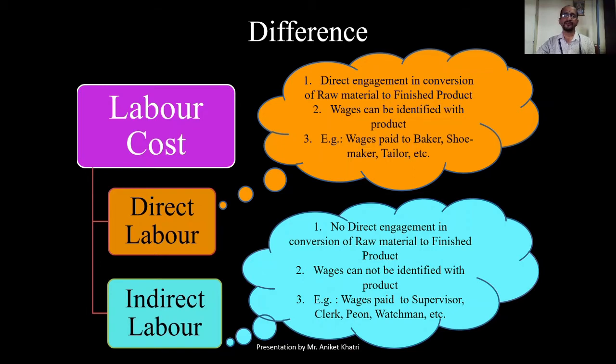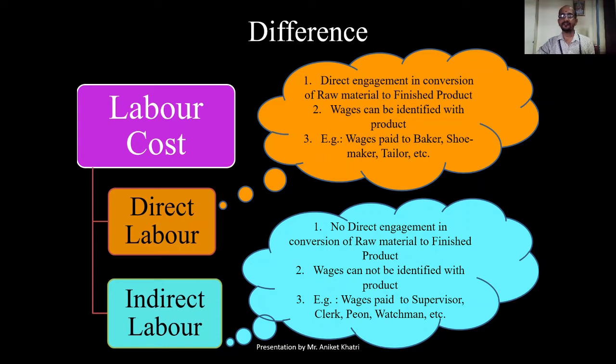Second, whatever amount is paid to the direct labor can be identified with the product. Means you can identify the amount which is paid to the specialized person. For example, for preparation of a sofa, once again, the amount paid to the carpenter we need to add to the final price of the sofa, because he is a skilled person.